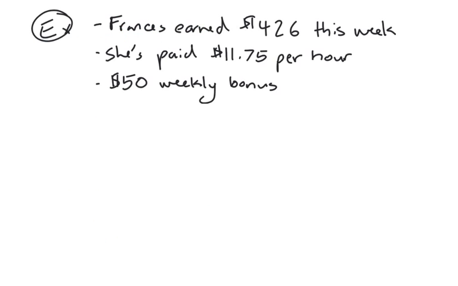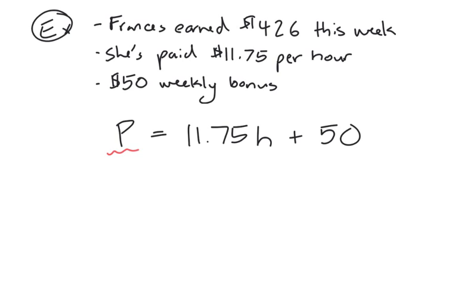In our last example, we were given the information that Frances earned $426 this week. She's paid $11.75 per hour, and she also gets a $50 weekly bonus. The question also provides a formula for her pay, and that formula is P is equal to 11.75 times H plus 50.